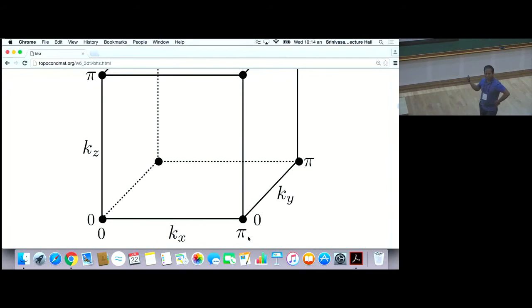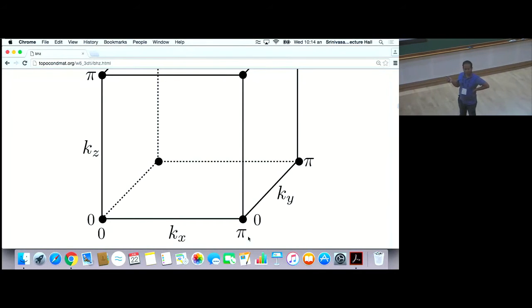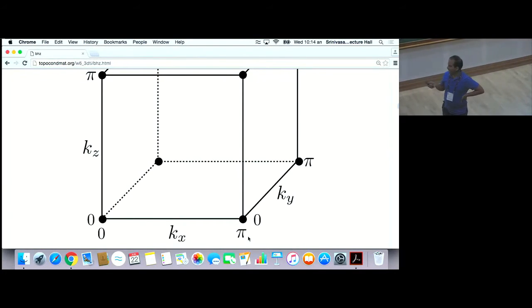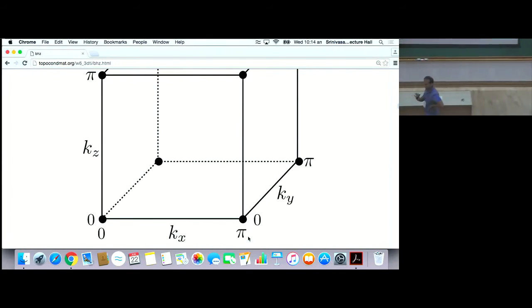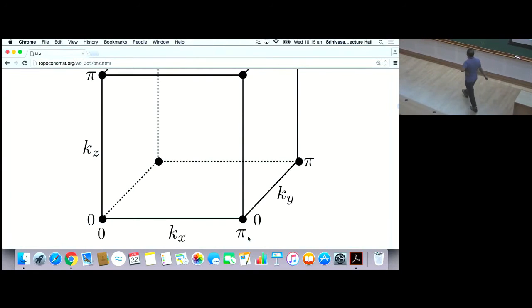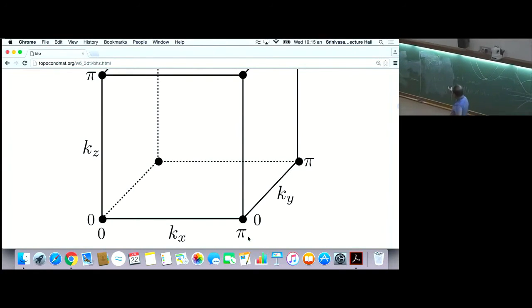Because again, it has the same dimensions as the quantum spin Hall system. It lives in 2 dimensions. So for example, let's say I have inversion symmetry and time reversal as I did before. I have the total parity of occupied states.